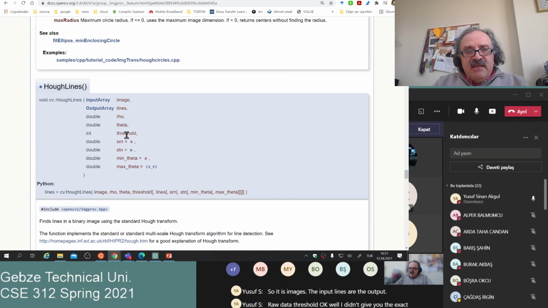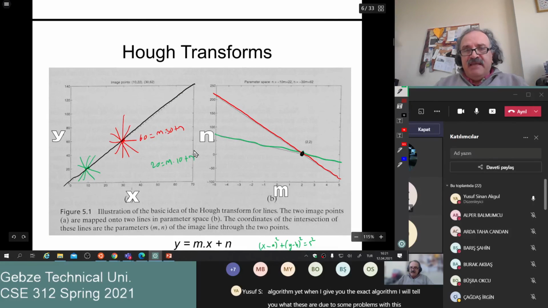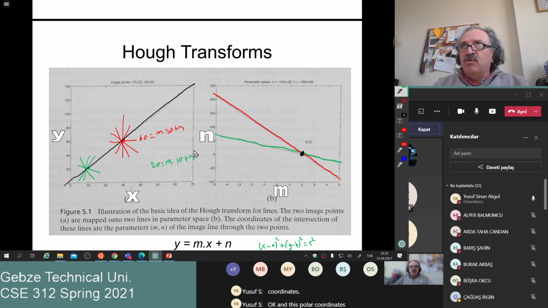When I give you the exact algorithm, I will tell you what these are. Due to some problems with the M, N space, we don't make a voting in M, N space. We don't like M, N space. Instead, we will switch to polar coordinates, and this polar coordinate voting is much more convenient, and we are going to do it next week.